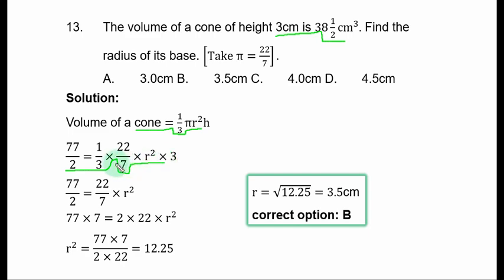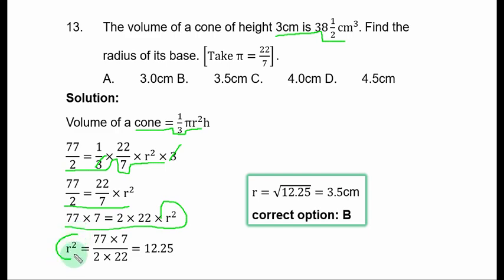If you reduce, these 3 can cancel 3, you are left with this. So to clear the fractions, you simply cross multiply and you have it in this form. To get r squared first, divide both sides by 2 times 22.